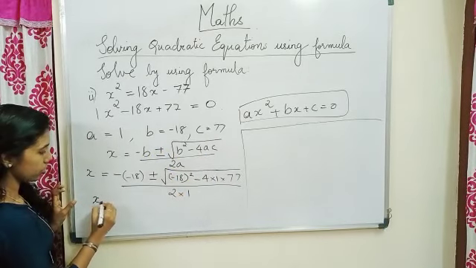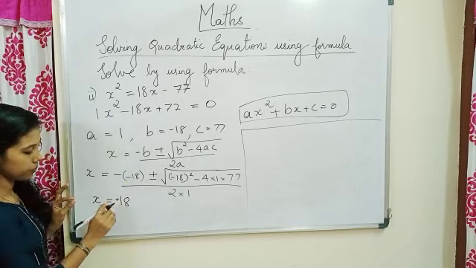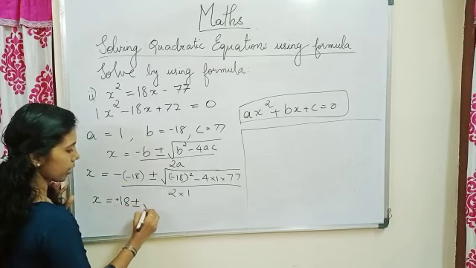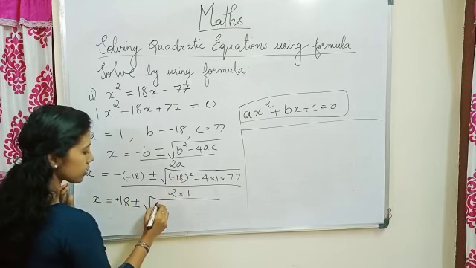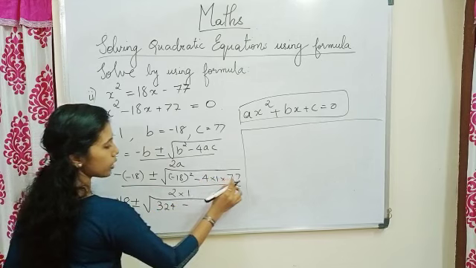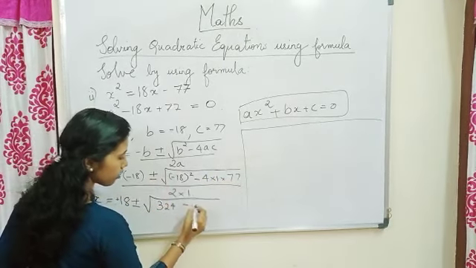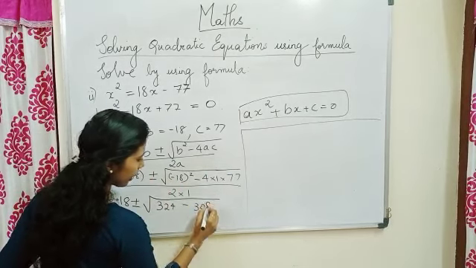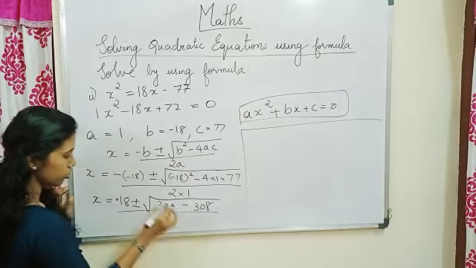So x is equal to minus of minus is plus 18, then plus or minus root of 18 square, that is minus 18 the whole square is 324, minus 4 into 1 into 77, that is 4 into 77 is equal to 308, divided by 2 into 1 is 2.